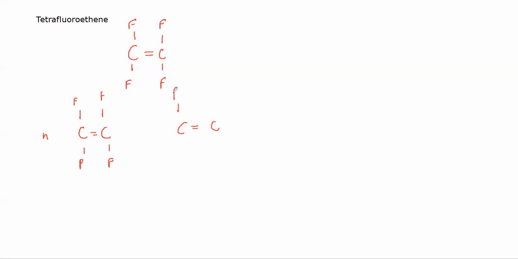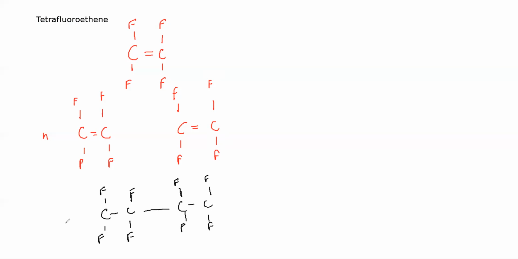This is another. So what happened to form a polymer? The double bond will break. So to form a polymer, the double bond will break. C, single bonded to C. 1 fluorine up, 1 fluorine down. For this one, 1 fluorine up, 1 fluorine down. Same thing for the second one, 1 fluorine up, 1 fluorine down.